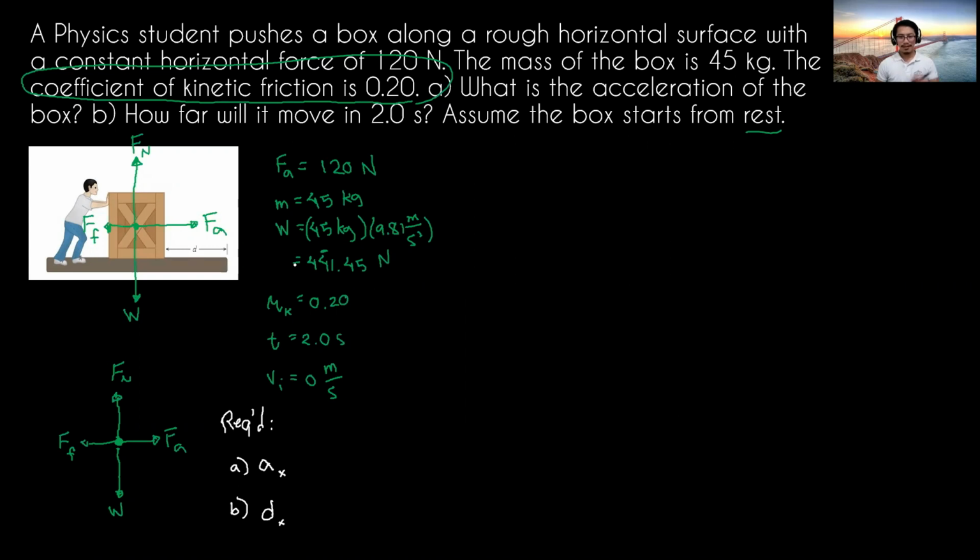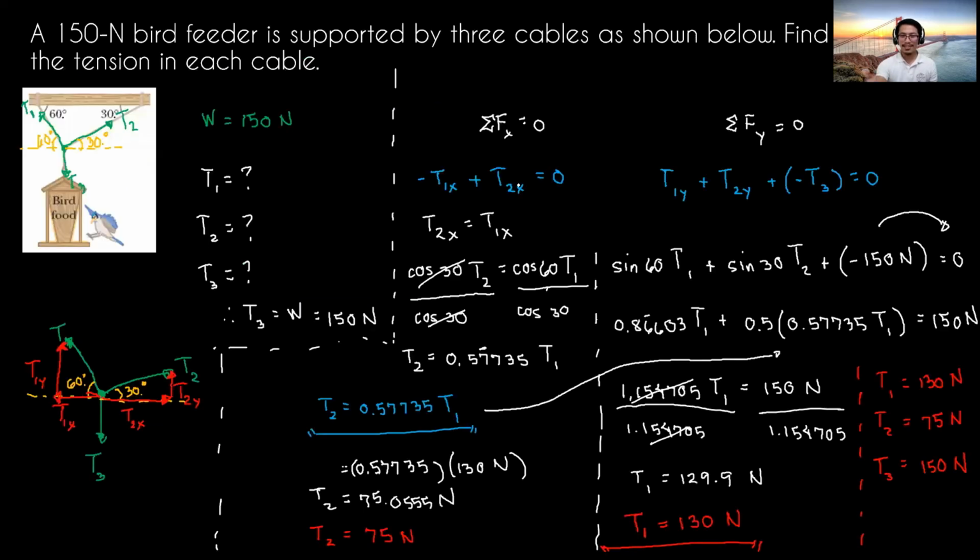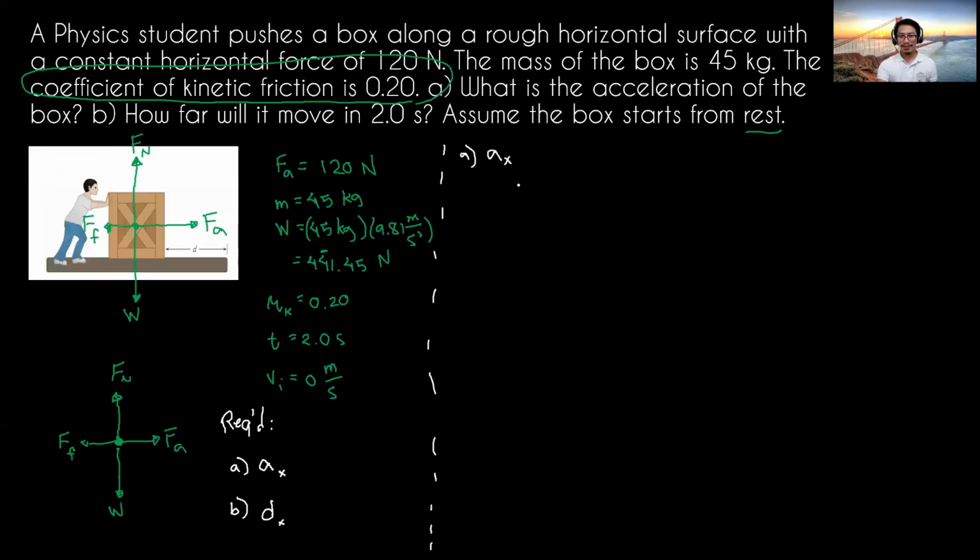None? Okay, let's proceed. So for letter A, ang hinahanap natin is the acceleration along the X. Is it first law or second law? First law, if there is no acceleration, kagaya dito kanina, wala siyang acceleration, so that is first law. Pero sa problem na ito, there is already acceleration. Kasi yun ang hinahanap natin, acceleration. So ang gagamitin natin is the second law of motion, which is law of acceleration.